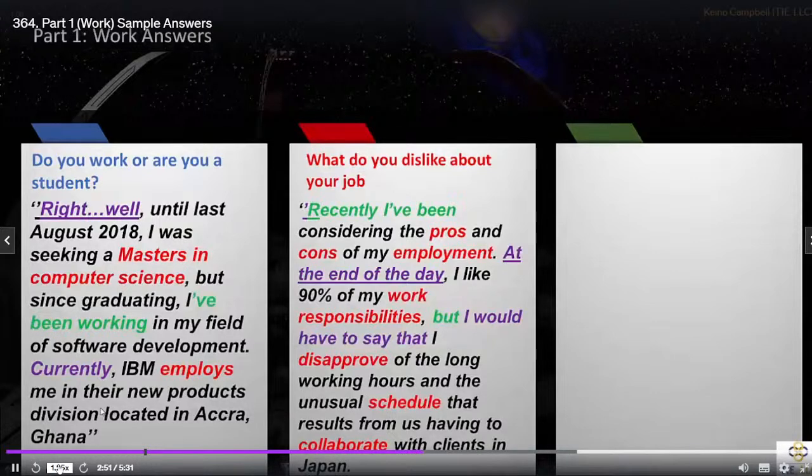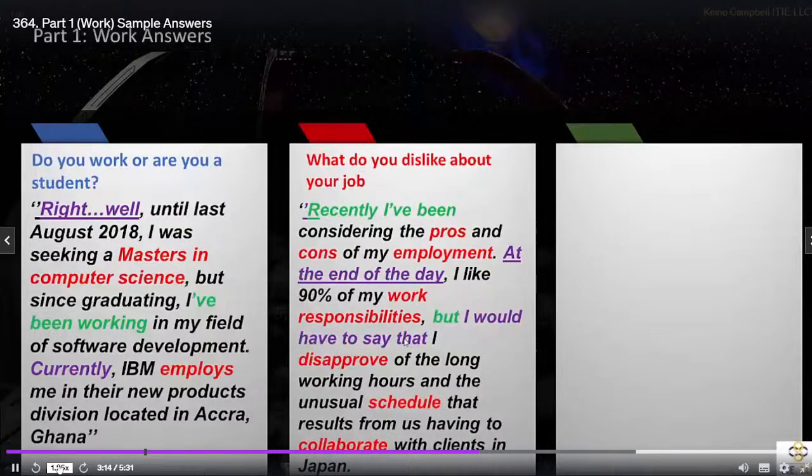Right here we have a lot of good language. "Pros and cons," instead of saying dislike. "Employment," instead of saying job. Fluency language, "at the end of the day," right? "Work responsibilities," that's a really good collocation there. Compound sentence, "but," right?